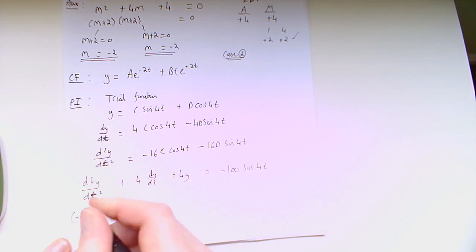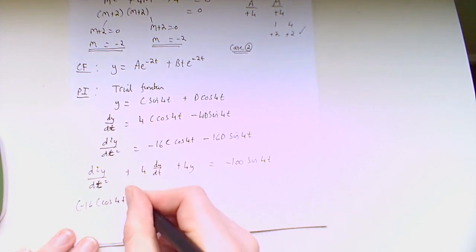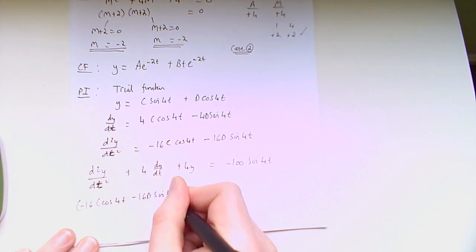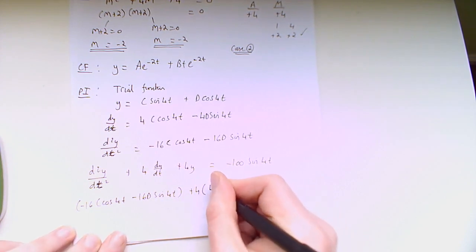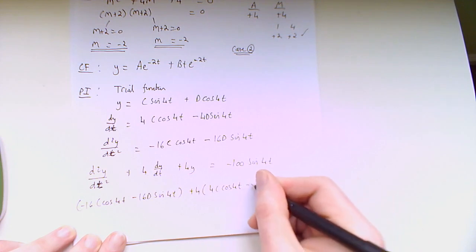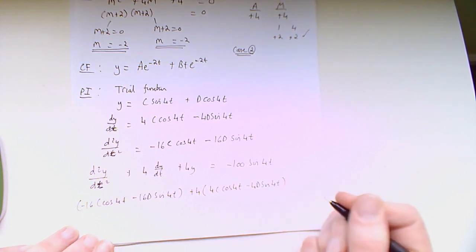So negative 16c cos 4t take away 16d sine 4t, plus 4c cos 4t take away 4d sine 4t. It's going to go on forever.